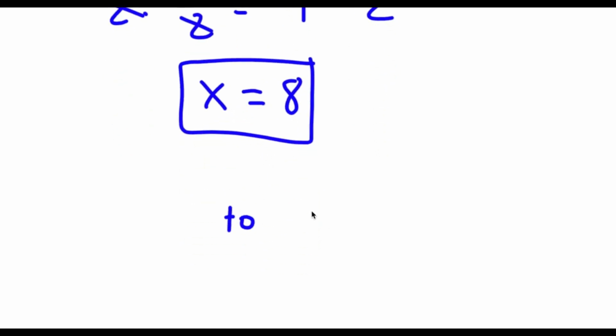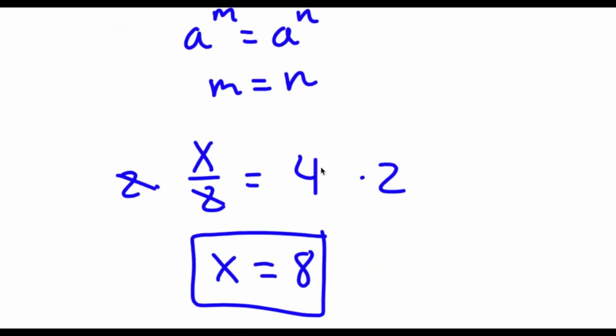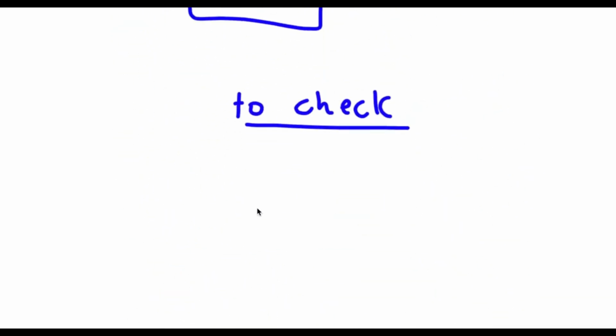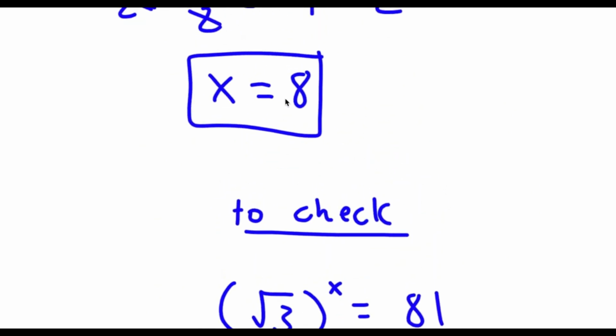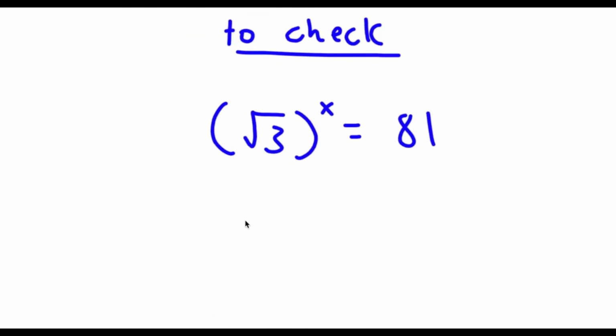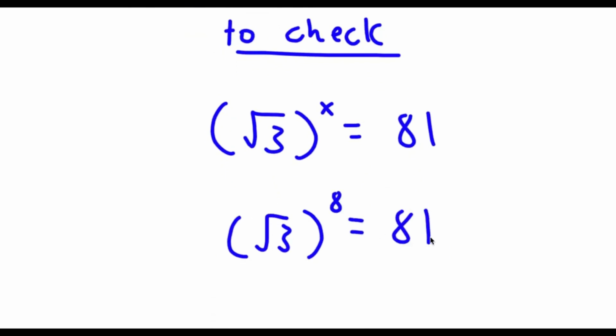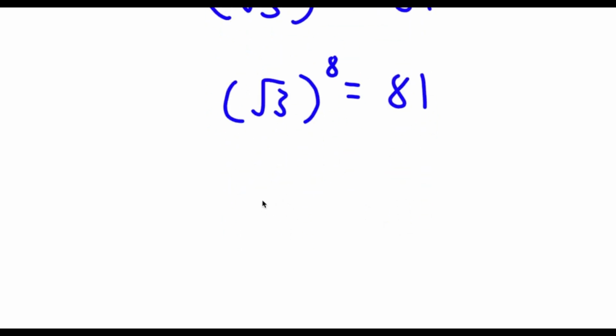So now to check, I have the square root of 3 to the power of x is equal to 81. We know that x is equal to 8, so now I have the square root of 3 to the power of 8 is equal to 81. Now remember, the square root of 3 is the same thing as 3 to the power of 1/2.